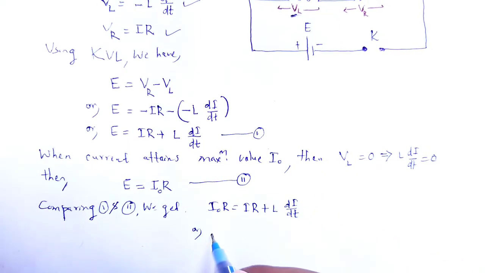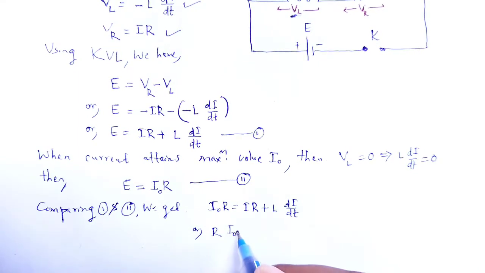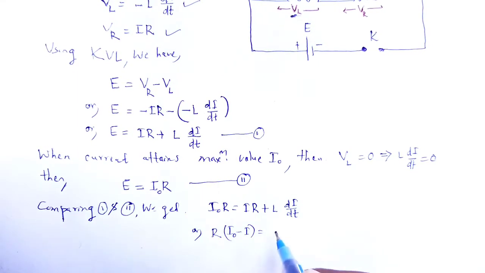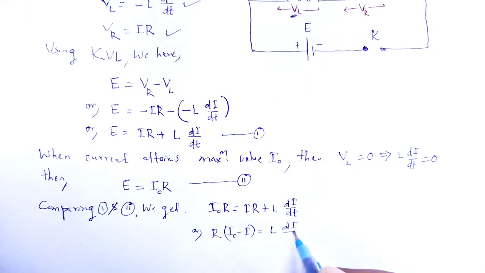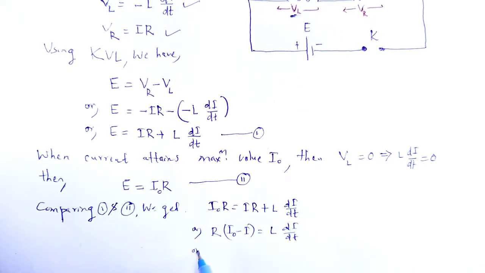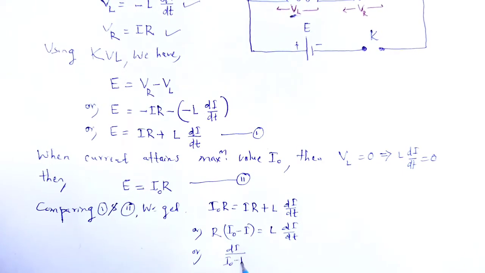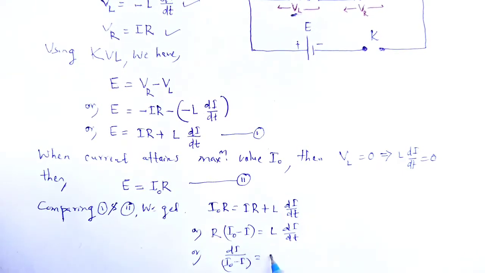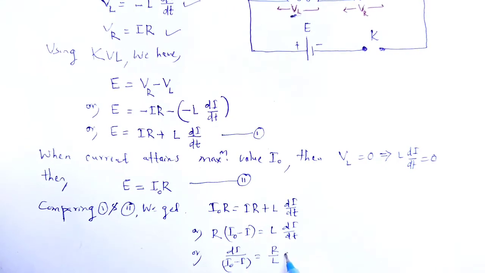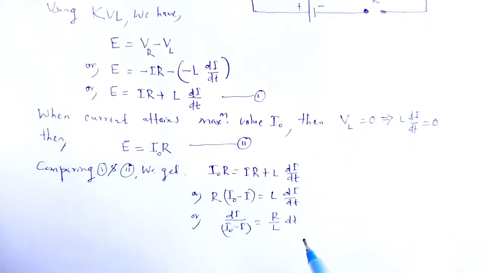Taking R as common, I naught minus I is equal to L di by dt, or di divided by I naught minus I is equal to R by L dt.